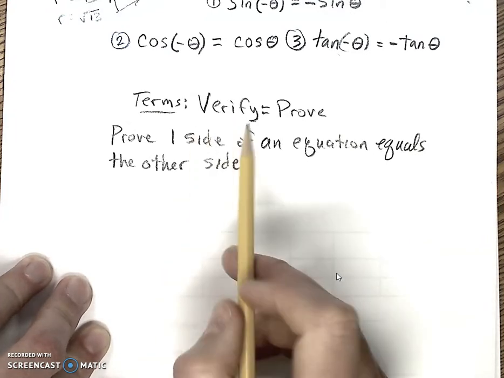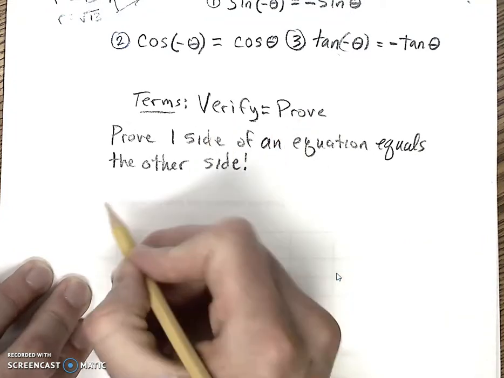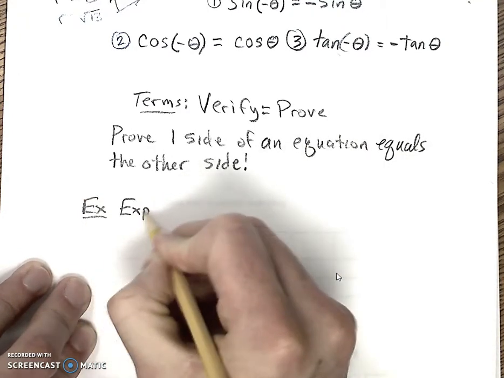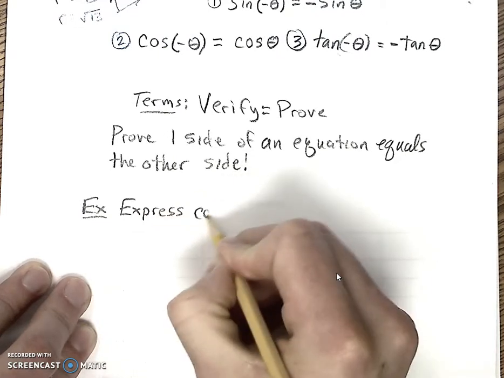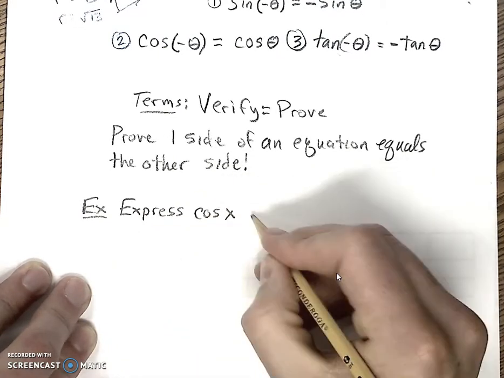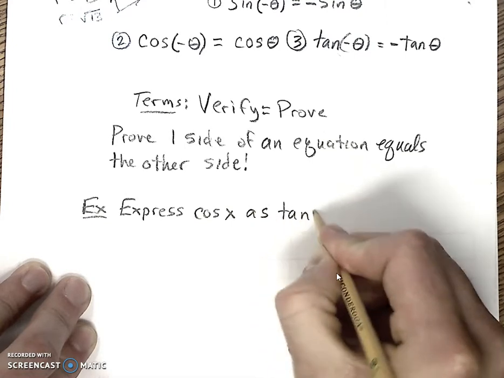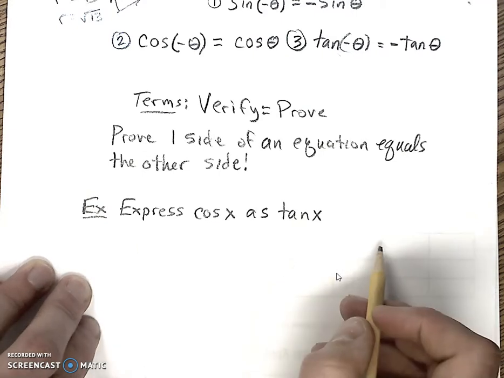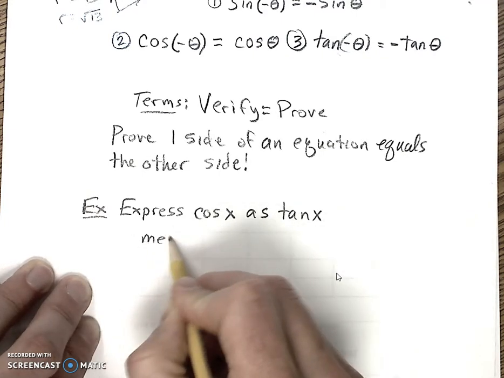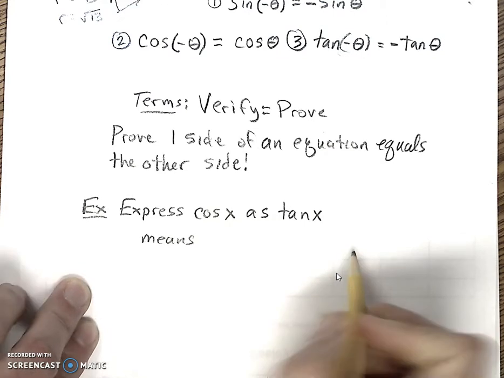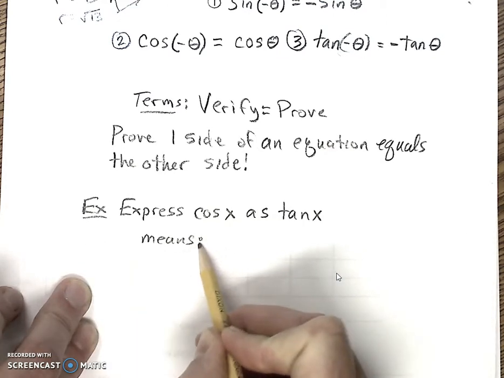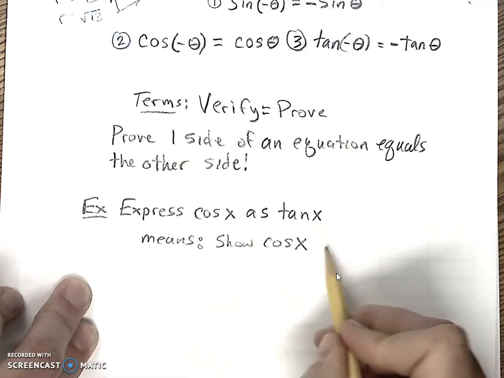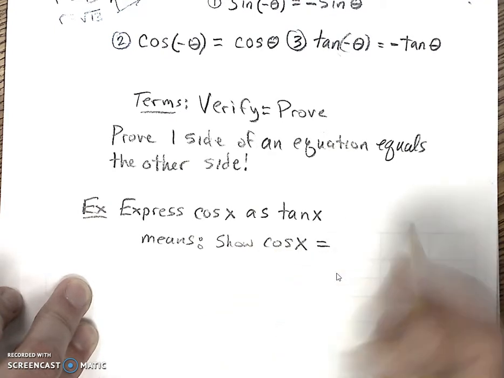An example that we might see is something like this. If I said, express the cosine of x as the tangent of x. Well, what that means is, show cosine x equals something with tangent.